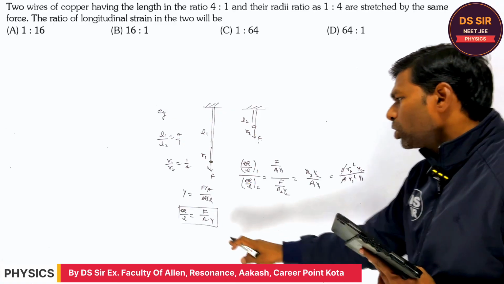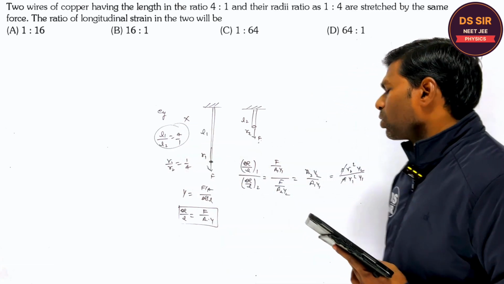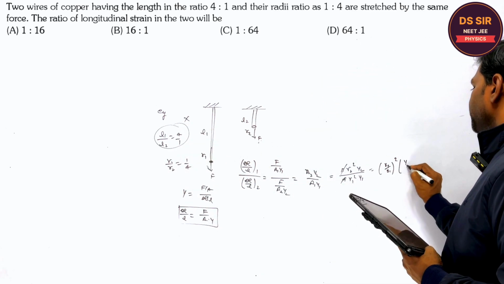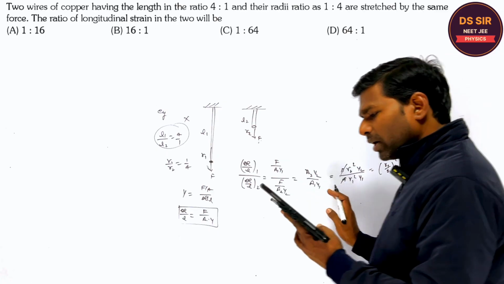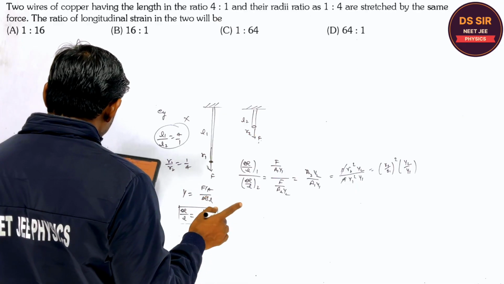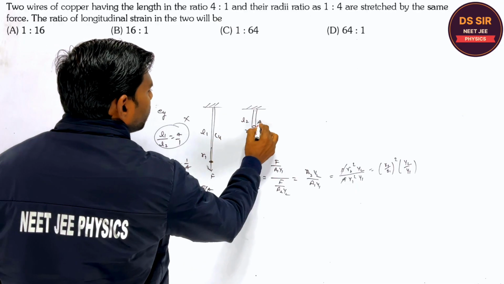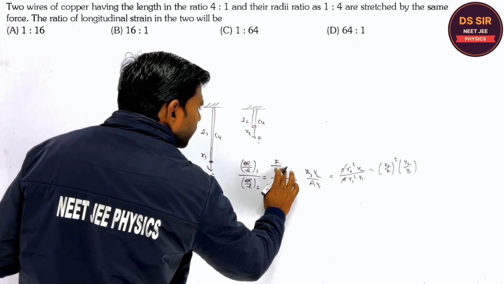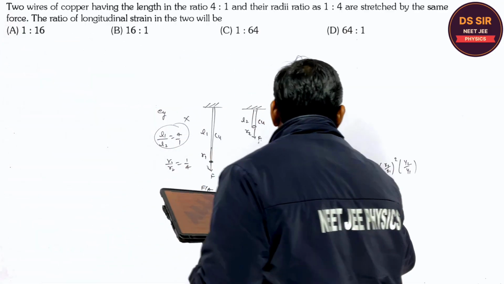So the longitudinal strain does not depend upon the L, so it will not be used. So it is equal to R2 upon R1 and Y2 upon Y1, but the values are not given. So both wires are of copper, all right. Therefore their Y and Y will be the same, so it will not come.